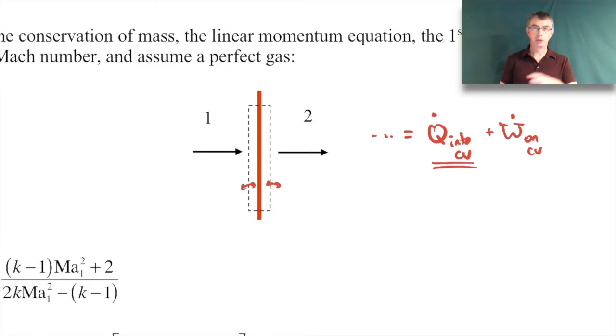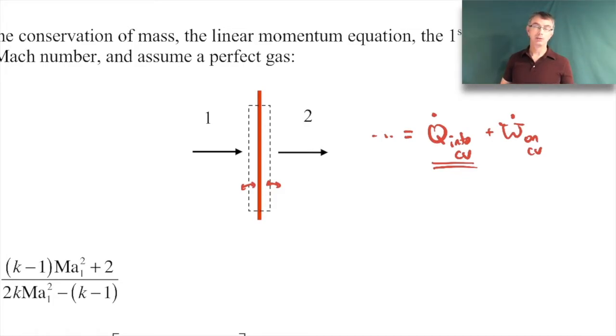Recall that we've talked about this in a previous lecture, that those flows upstream, like just flow through a channel or something like that, they tend to be adiabatic. There's not a lot of heat transfer because there's not much surface area, or if it's insulated, there's not a lot of heat transfer through those surfaces.